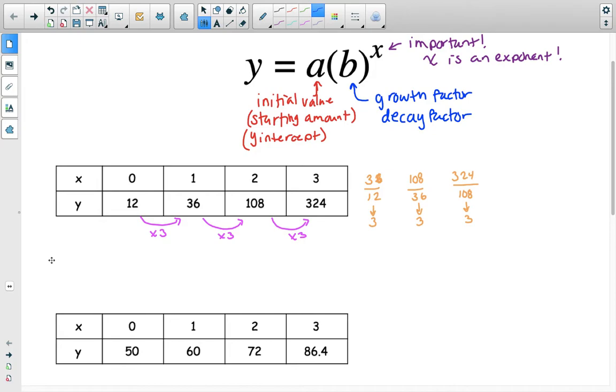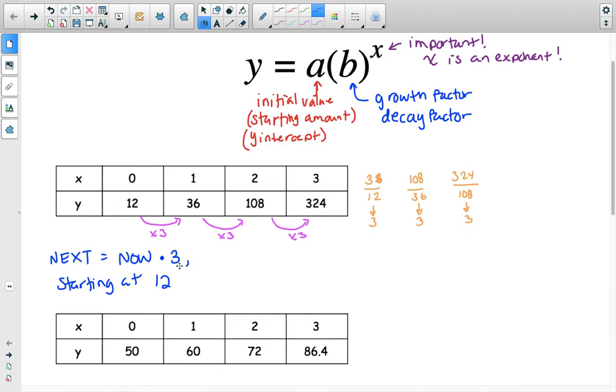To find the next coordinate, I would take what I have now, which was that 324, and multiply it by 3. But I still need to know what I started at. I did not start at 0 or at 1. It was at 0, 12. That's my y-intercept, so starting at 12. I still need to know my starting value.